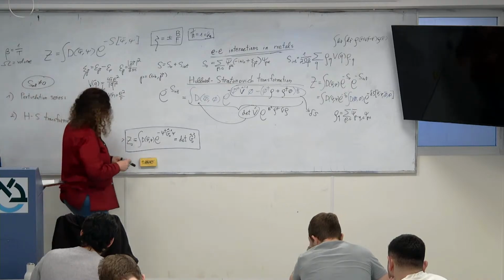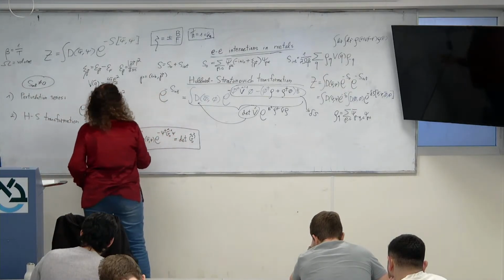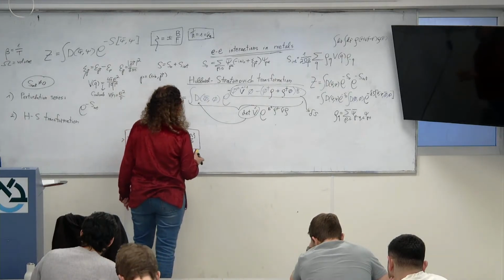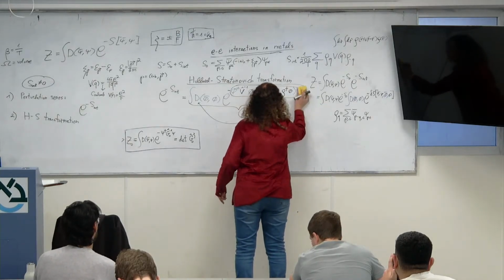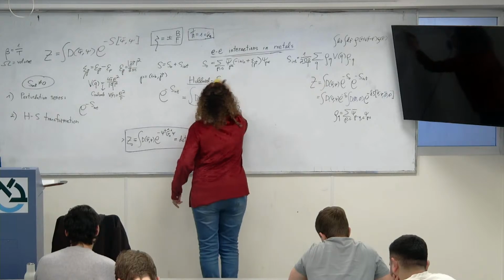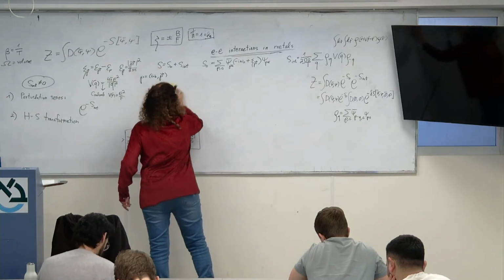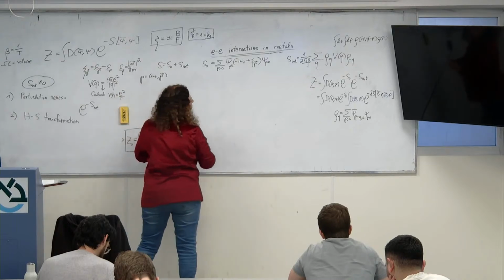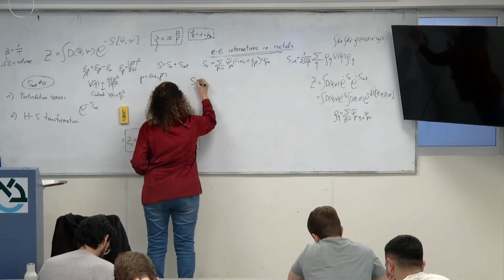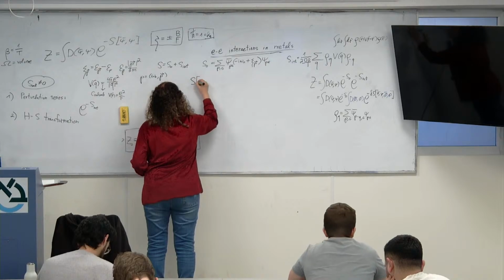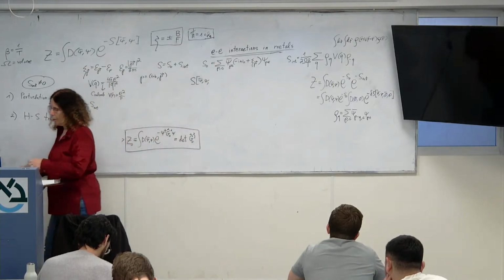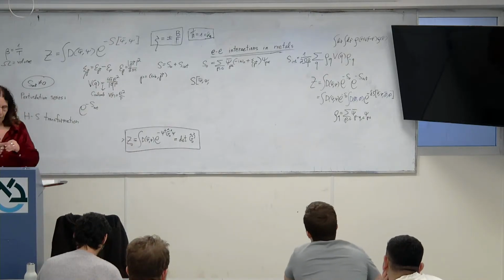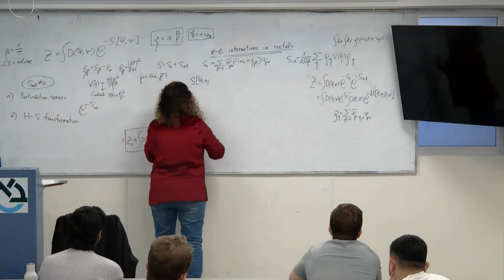Or actually, let me even do better. Now I need some space. I think this I can erase and I can rewrite it. So I have an S which is a functional of two fields now. I want to keep the colors, just to keep track of everything that depends on phi.